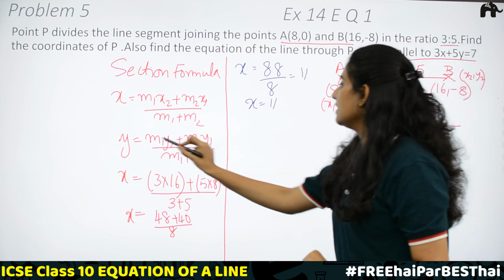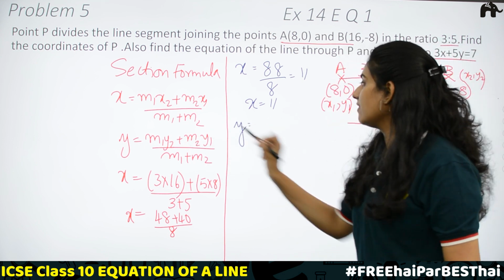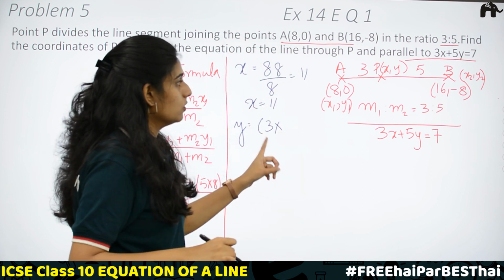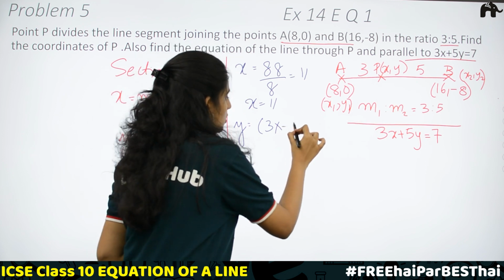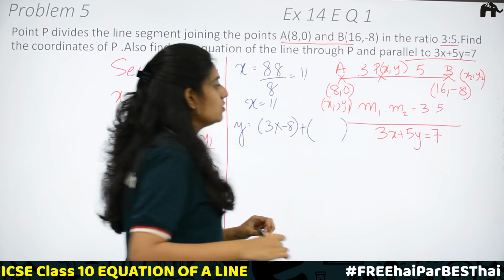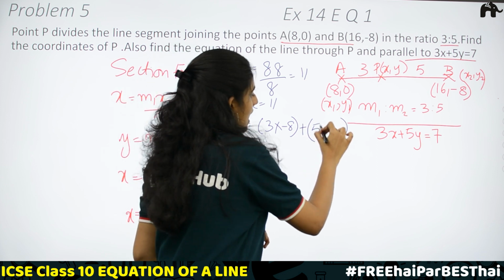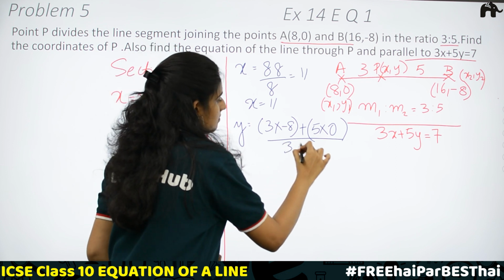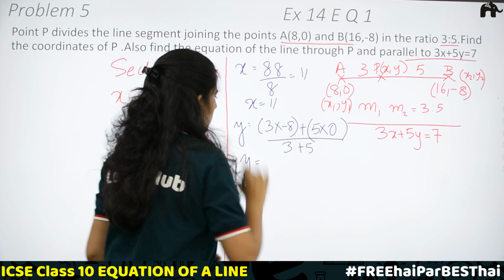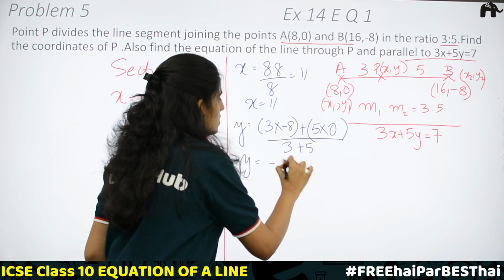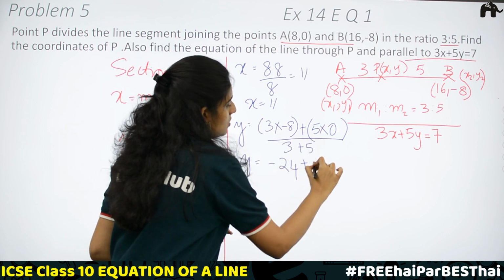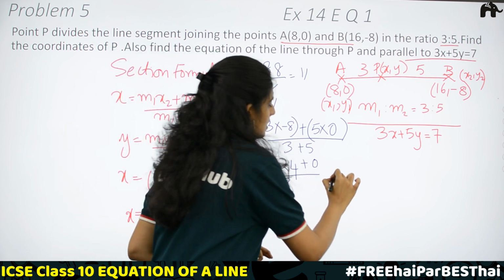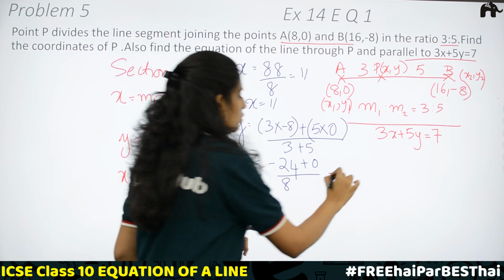Now similarly we can find the y, substitute the values. We have m1 is equal to 3 into y2. y2 here we have minus 8. 3 into minus 8 plus m2, y1. m2 is 5 and y1 is 0. Divided by m1 plus m2, 3 plus 5. y is equal to 3 into minus 8, minus 24, plus 5 into 0, 0, divided by 3 plus 5 is 8, which means we get minus 24 by 8 equal to minus 3.